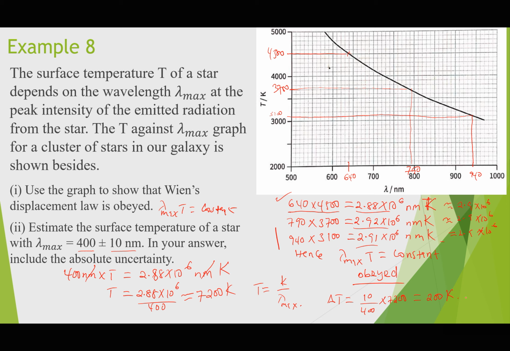So the answer would be written as 7200 plus or minus 200 Kelvin. That is the value of T with its absolute uncertainty. Okay, I think this is almost the last question.